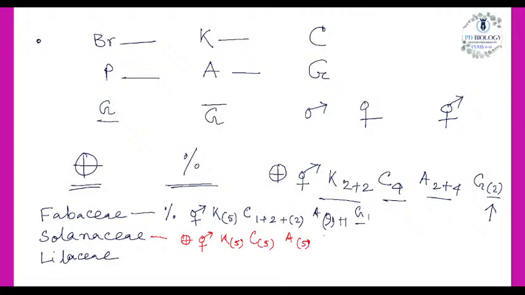So can you remember? Somebody tell me. Can you remember or not? Bisexual, actinomorphic, sepals 5 united, petals 5 united, valvate aestivation, stamens 5 epipetalous, bicarpellary superior ovary.